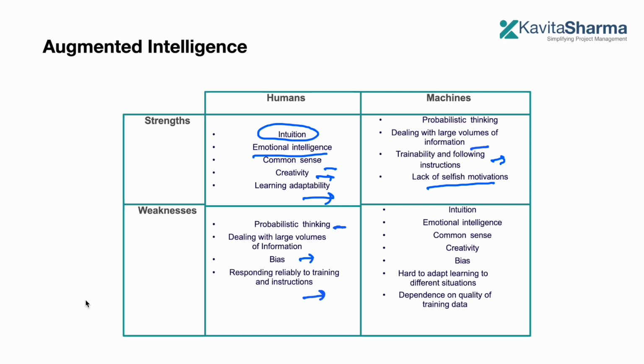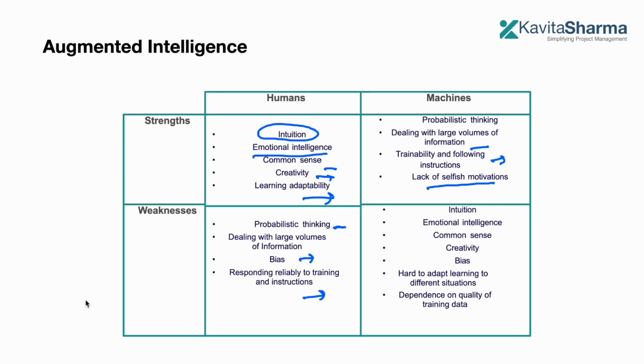The problem with machines is they do not have intuition. They do not have emotional intelligence. A machine does not have common sense or creativity. It also obviously does not have biases. And also the kind of outcome it's going to produce is based on the training data it's been given.